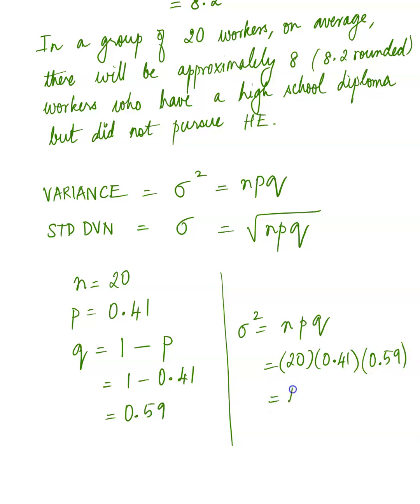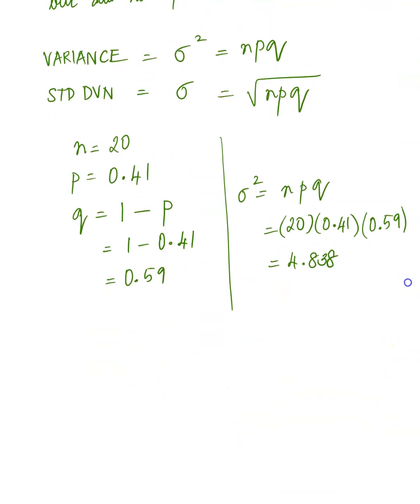That comes out to be 4.838. Okay. That is your variance. And standard deviation will be square root of NPQ, which is square root of 4.838. It comes out to be 2.20.